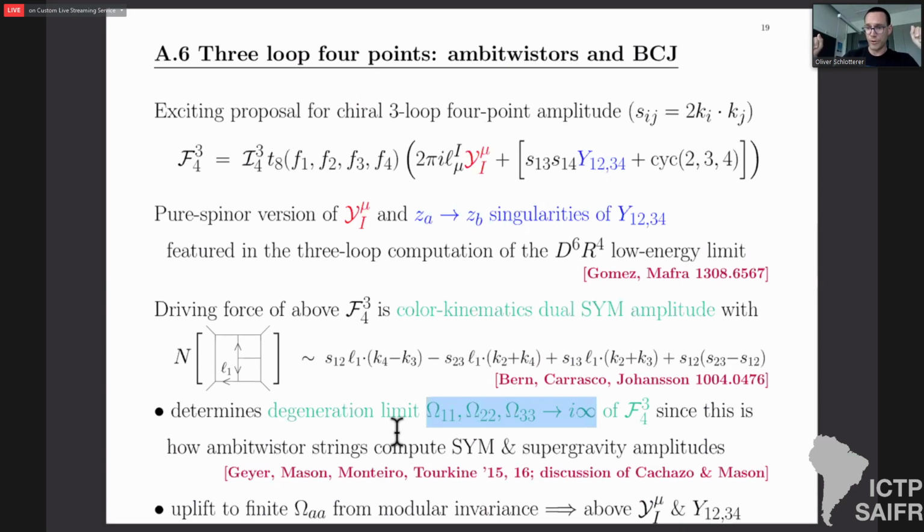So here for 3 loop 4 points, this is a 10-point sphere diagram. And there is a standardized prescription to convert these Bern-Carrasco-Johansson numerators into a correlation function on the sphere. So we know exactly which 10-point correlator on the sphere we want based on the BCJ numerators.